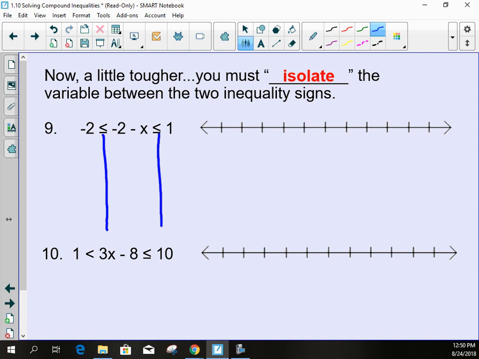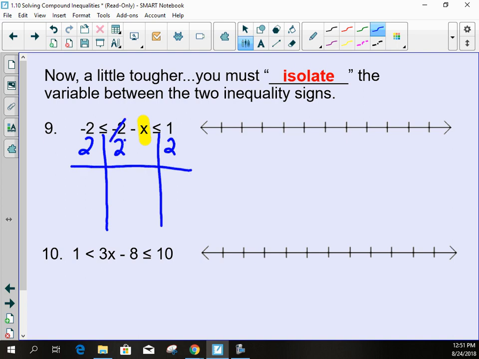So this makes two separate problems. I have to get my x by itself. What do I have to get rid of to get x by itself? -2. How do I get rid of -2? I add 2. If I add 2 here, I have to add 2 here, and I have to add 2 here. I have to add 2 to all sides now. Not both sides, all sides.